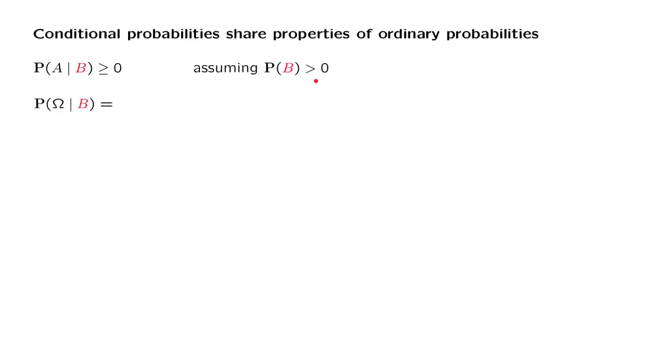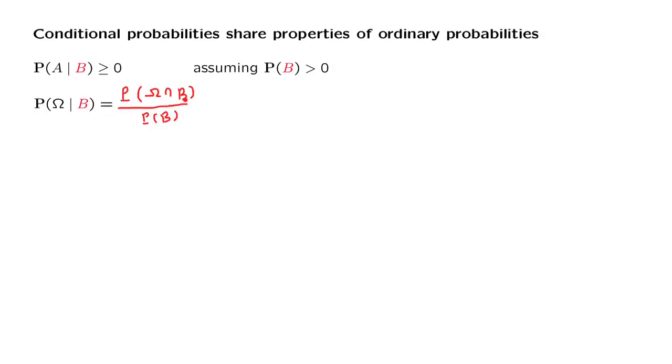How about another axiom? What is the probability of the entire sample space given the event B? Let's check it out. By definition, the conditional probability is the probability of the intersection of the two events involved, divided by the probability of the conditioning event. Now, what is the intersection of omega with B?